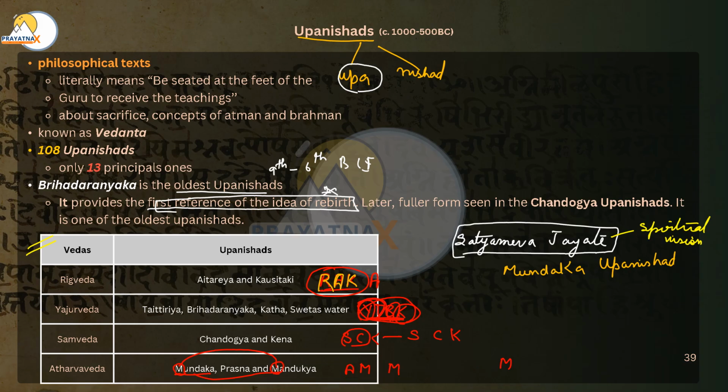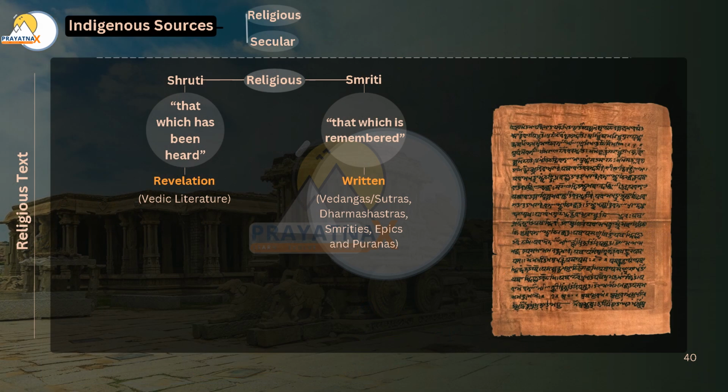So, moving on. Before moving on to Smriti, we have already covered the entire Shruti part. Let us quickly recap what we have learned so far.